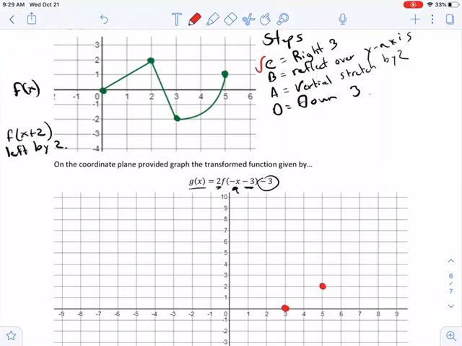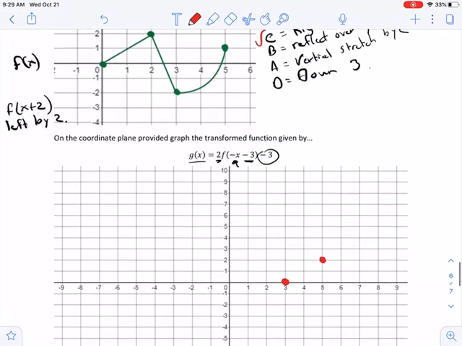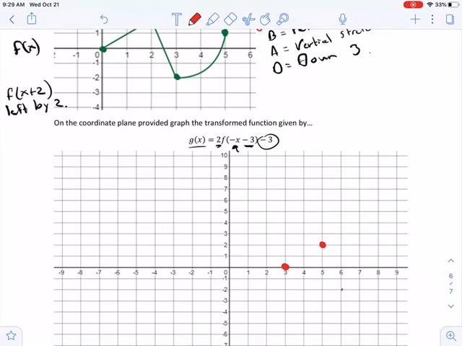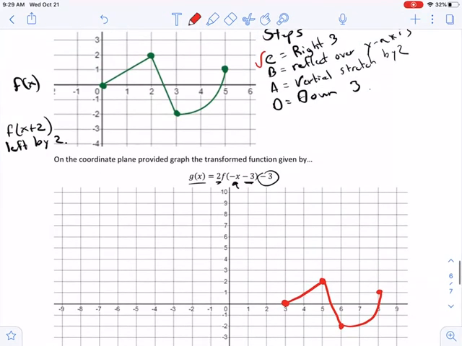This point was at 3, -2, so now it's going to be at 6, -2. And then that last point was 5, 1, so now it's going to be at 8, 1. So my first transformation, I had a straight line, and then a curve up to that. I moved that graph to the right by 3.